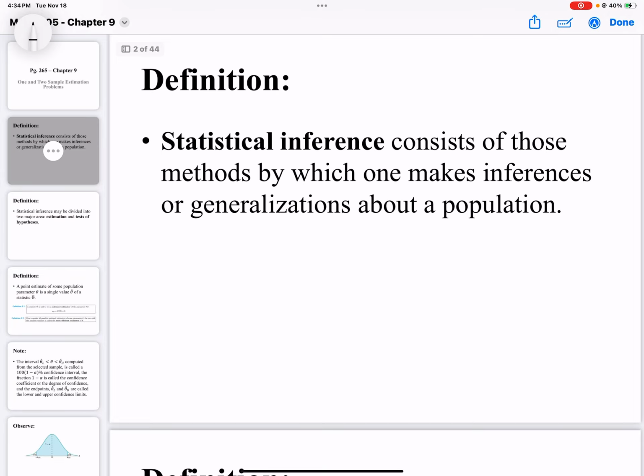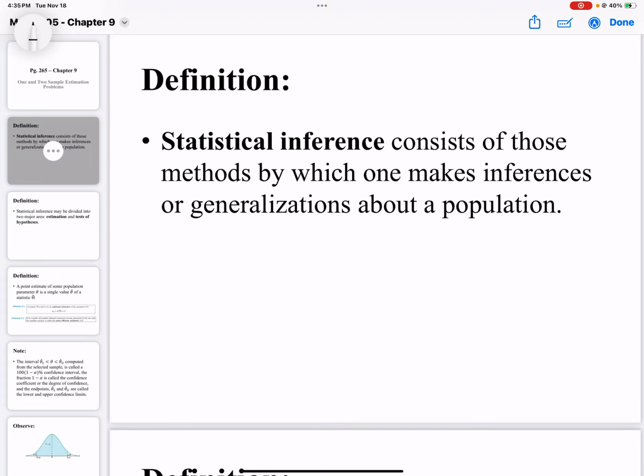First, our definition of statistical inference. It consists of those methods by which one makes inferences or generalizations about a population. Everything we cover is going to revolve around how we estimate our unknown population using our sample data.